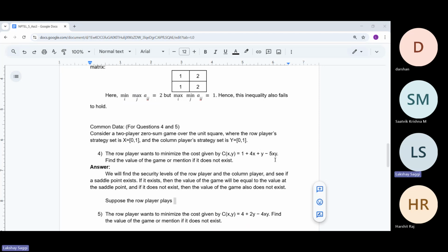I think what Satvik has answered is correct, but I'm just curious, Satvik, what procedure did you follow to arrive at this answer? Why will the saddle point not exist in the fourth question?